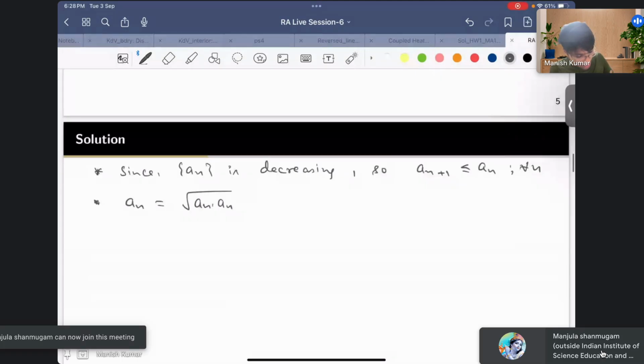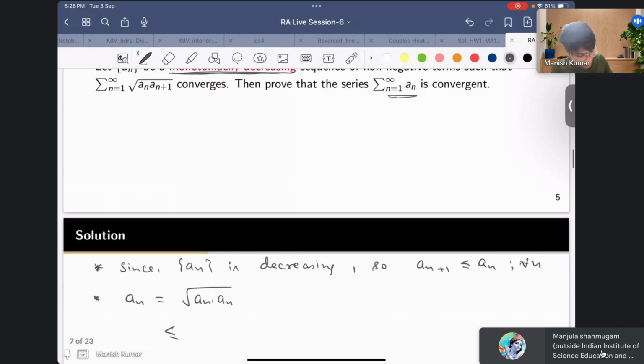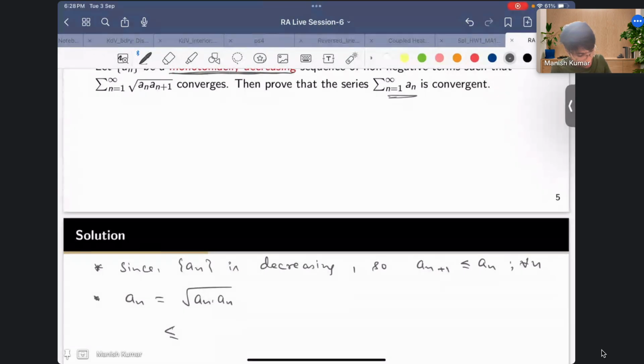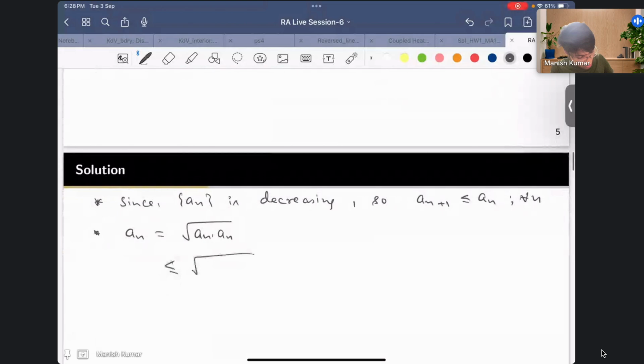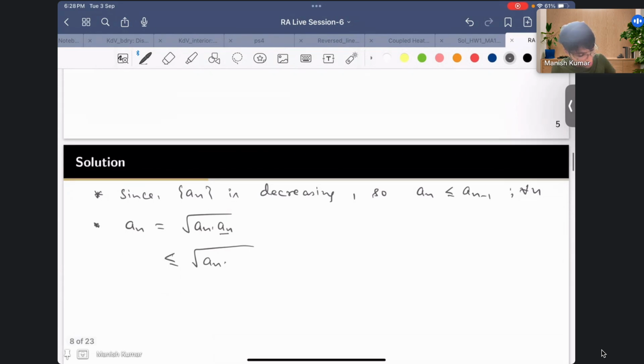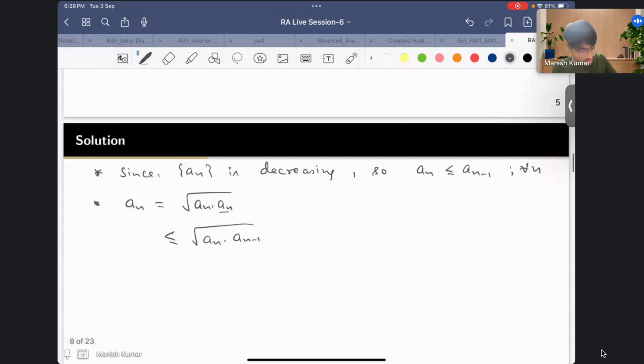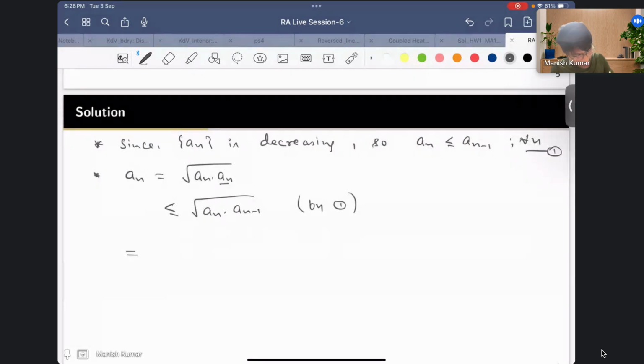Now you can replace one of these by a(n-1), since an is less than or equal to a(n-1). So you can replace this an by a(n-1), correct? So you've got this. The most important thing is that this is non-negative.